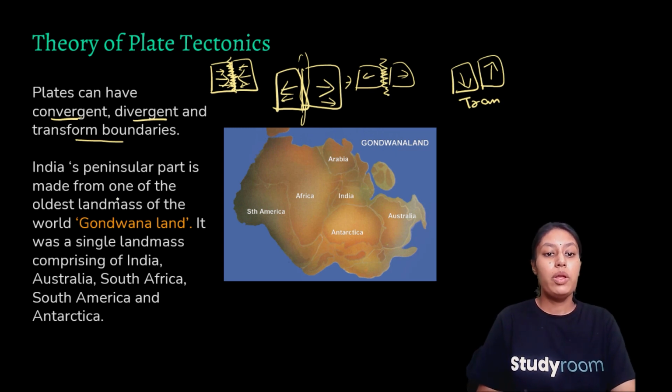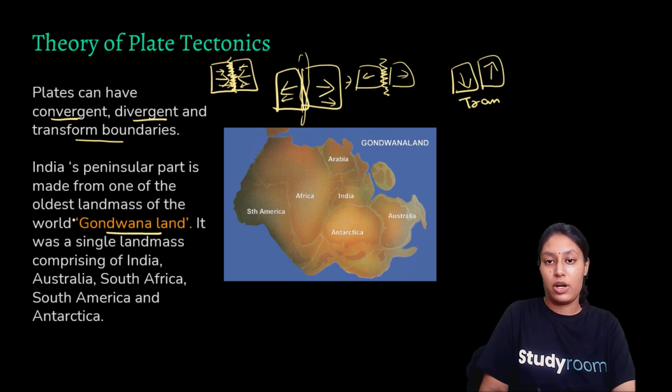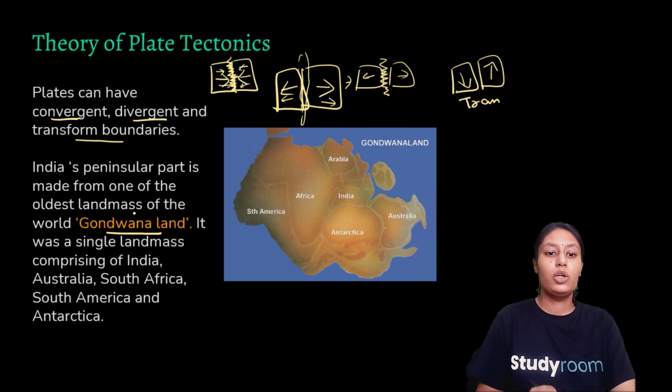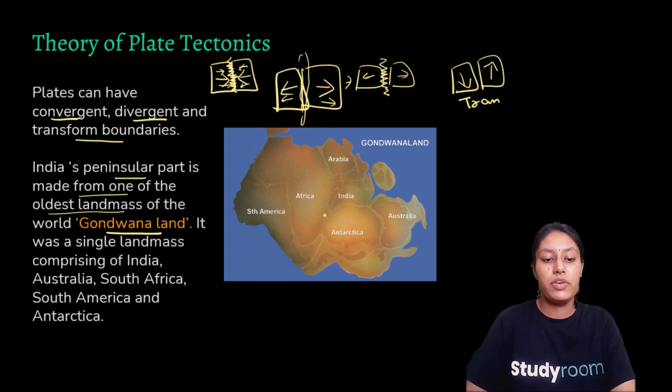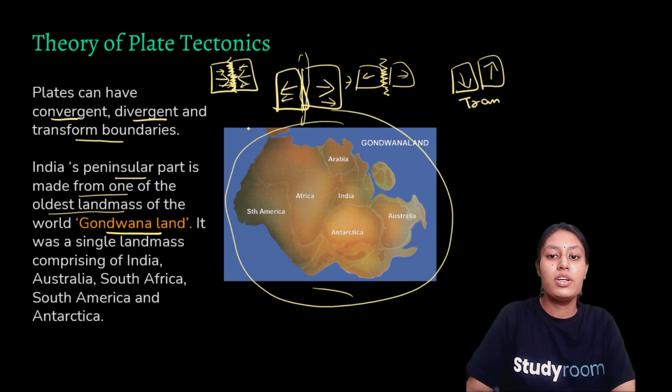Now, we will be studying about Gondwana land. What is Gondwana land? India's peninsular part is made from the oldest landform. Now we know India, South Africa, Australia, South America are different countries, but there was a time when all these countries were part of a single land.